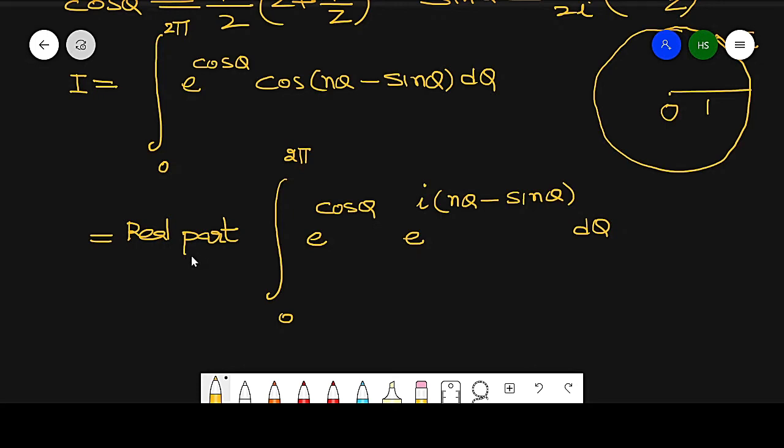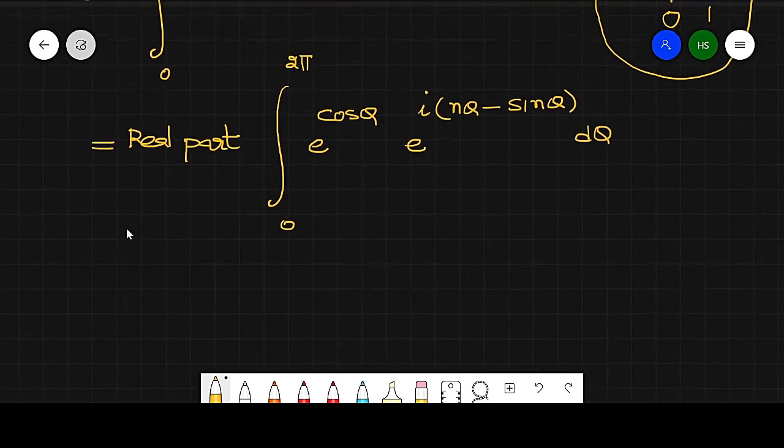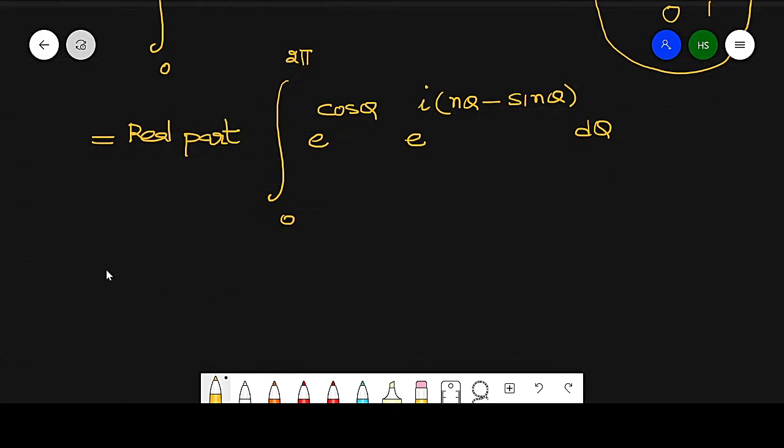Now what is this? This is e raised to power iota n theta minus iota sine theta, and this is cos of theta, right? Now I simplify this integration, which is the real part of integration 0 to 2 pi.